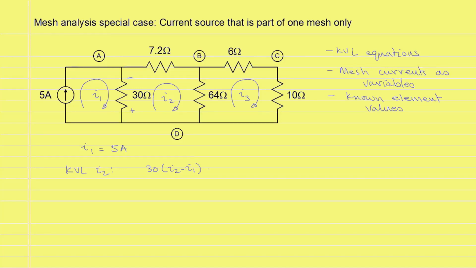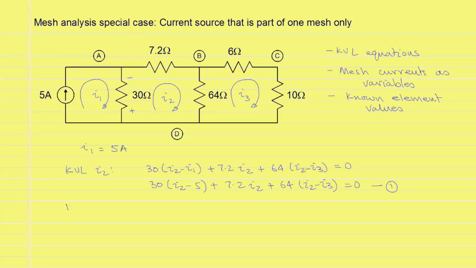There is another voltage drop of 7.2 I2, and finally the last voltage drop of 64(I2 - I3), and this must be equal to 0 to satisfy KVL. Since we already know the value of I1, we can substitute it in this equation and get the following equation, which we will label as equation 1.